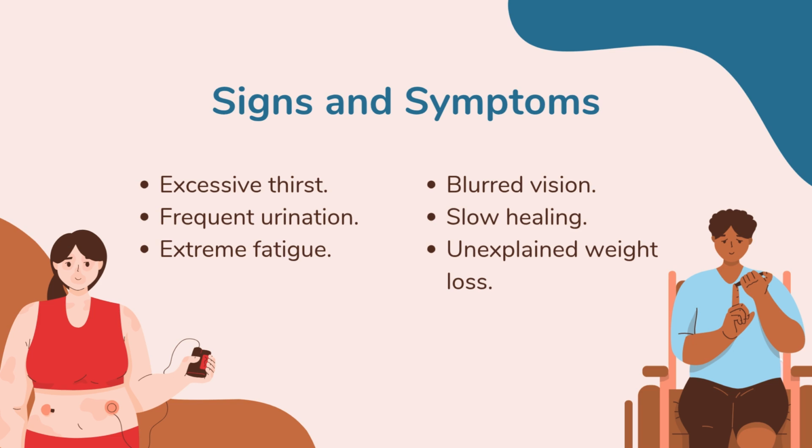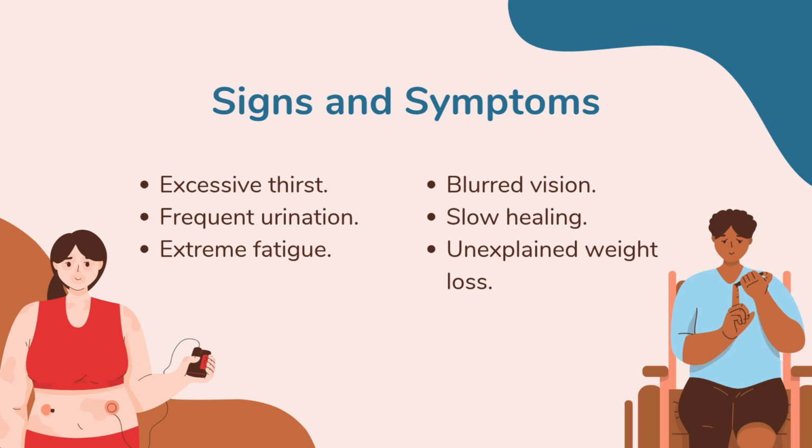Also, some people might experience blurred vision or notice that their cuts and wounds take a long time to heal, and sometimes people lose weight without even trying, which can also be a sign that something is wrong. All of these symptoms can appear slowly, especially in type 2 diabetes. That's why many people don't realize they have it at first.